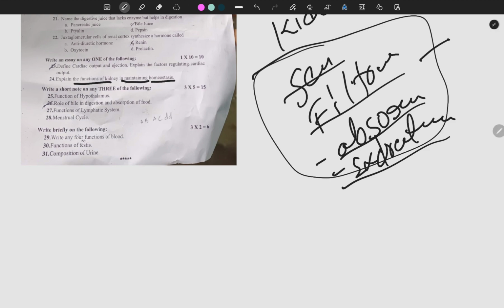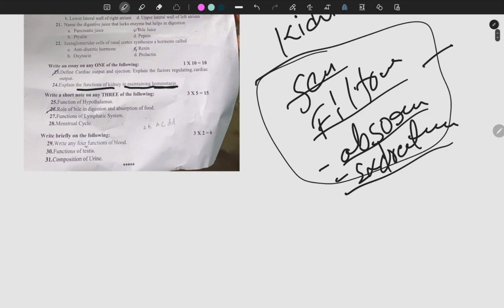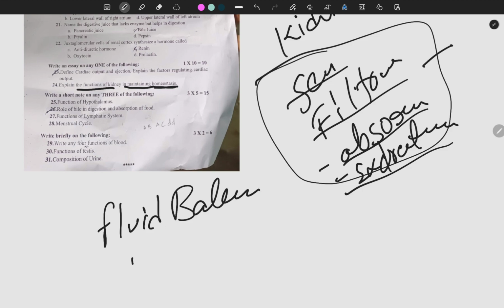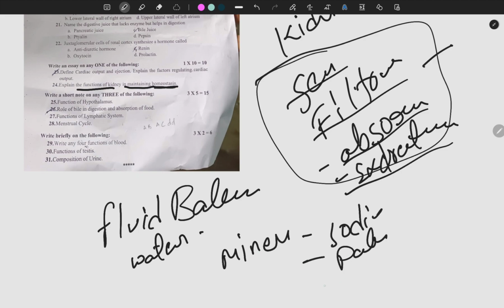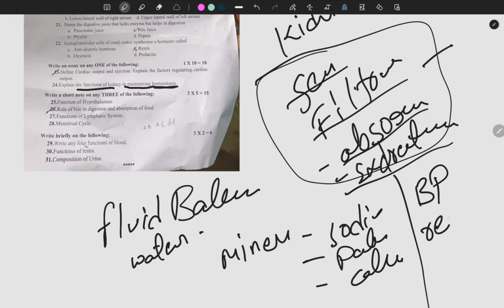But for the maintenance of homeostasis, what is that? Fluid balance, water level, and minerals like sodium, potassium, calcium, and maintaining blood pressure and the secretion of renin and angiotensin.